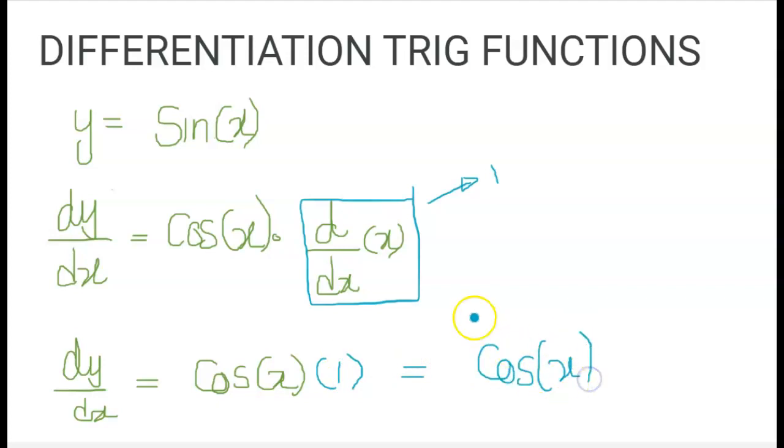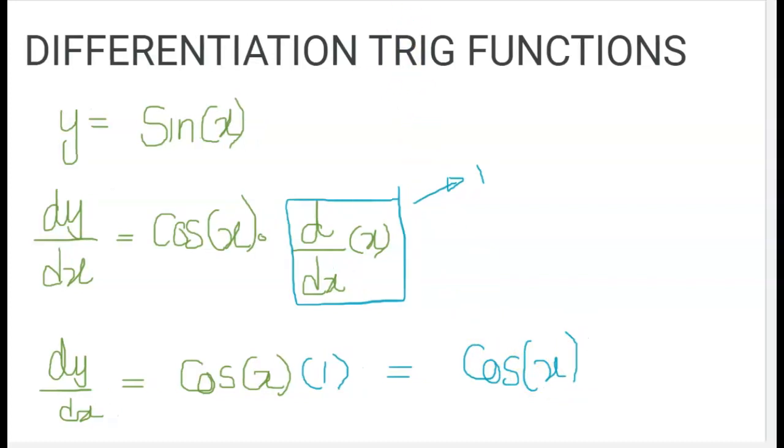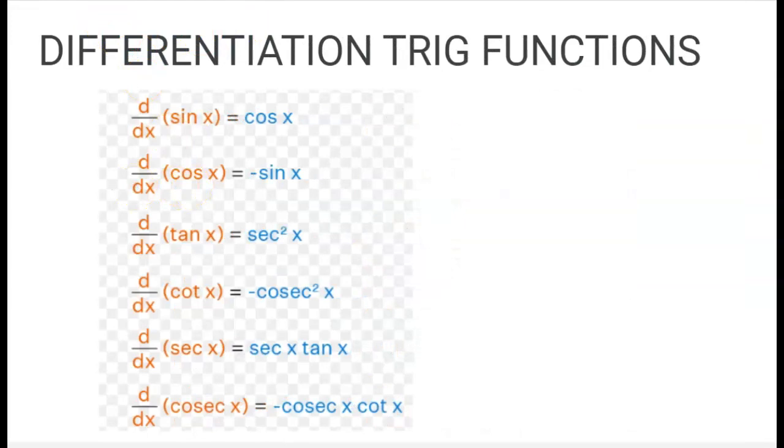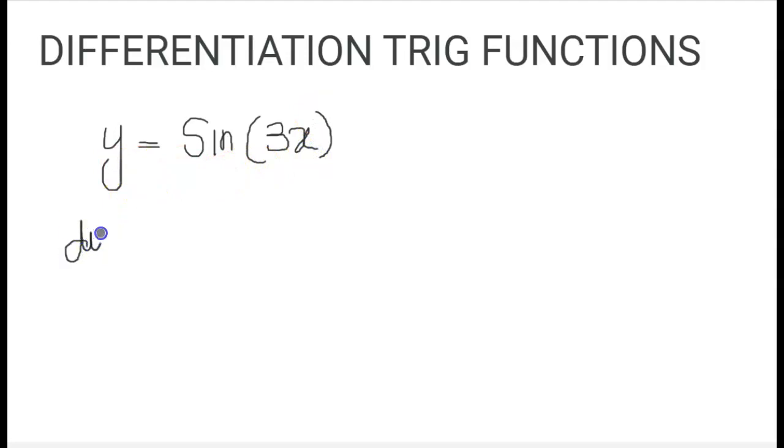Now, what about the other one? If I give you another example, let's say I got, no, not dy, control z, y equals sine 3x. I want to differentiate that one. So I know differential is dy over dx.